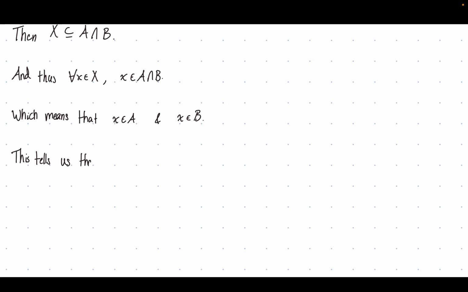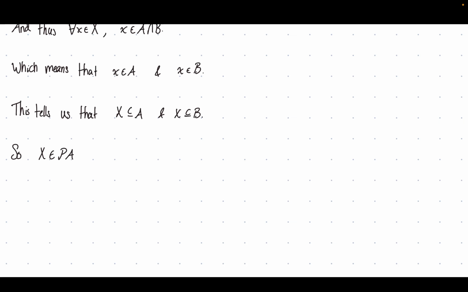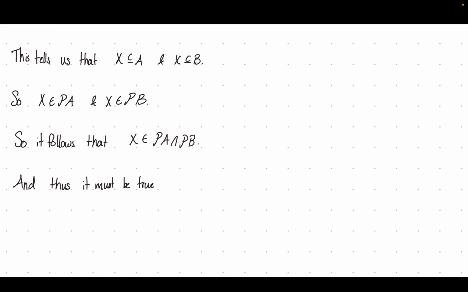This tells us that X is a subset of A and X is a subset of B. So X is in the power set of A and X is in the power set of B. So it follows that X is in the power set of A intersect the power set of B, and thus it must be true that the power set of A intersect B is a subset of power set of A intersect power set of B.